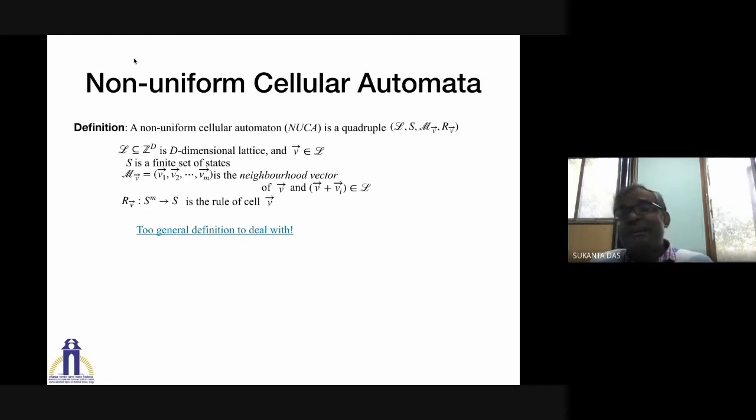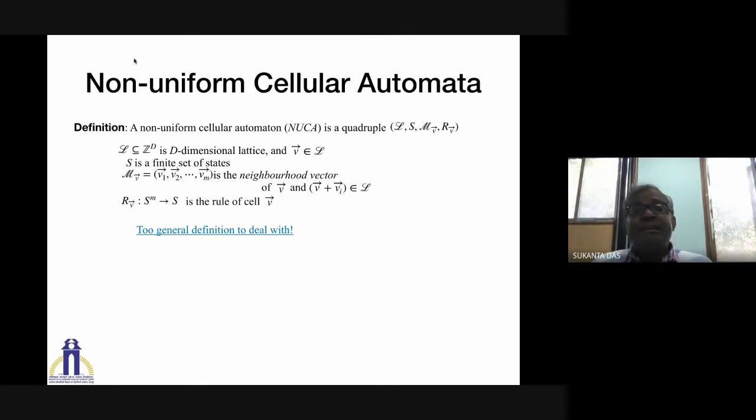And we'll see that almost all problems relating to these non-uniform CA are undecidable. If I consider the lattice as infinite, and we rely on this definition only, then, for example, reversibility: we have seen in previous classes that for one-dimensional CA, reversibility is decidable.